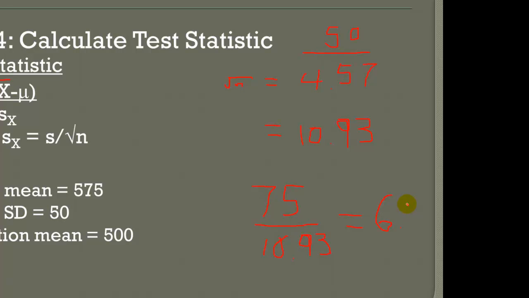We would have gotten a value of 6.85. So our t-value is 6.85. Not too hard to calculate that. We just have to follow our order of operations, and we're good to go. So step 4 is done. We calculated our test statistic.